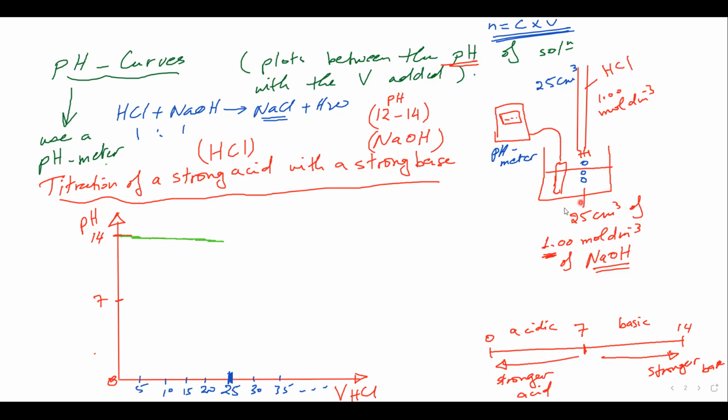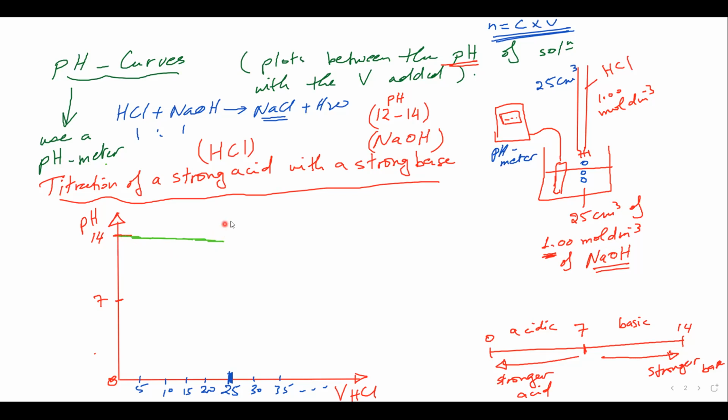Even if you add 24.9 cm³ of the acid to the base, it will react with 24.9 cm³ of the sodium hydroxide. This will form sodium chloride, which is neutral, but there is still a drop of sodium hydroxide that did not react, so the pH here will also measure nearly 14. But why does it change so little?